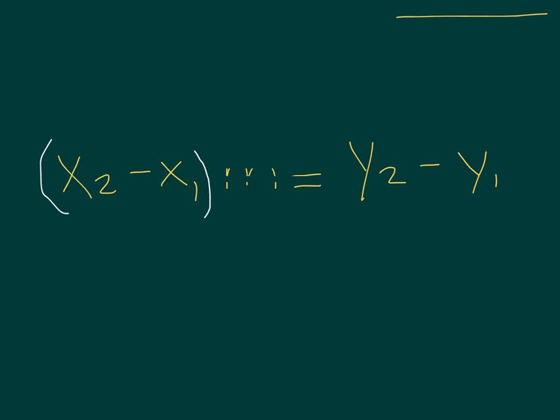Now, if you look closely, this looks awfully similar to what we were just looking at in point slope form. Point slope form being y minus y1 equals slope times x minus x1. That's pretty cool. So if I just rearrange my slope formula, then I get this form of a line called point slope form.